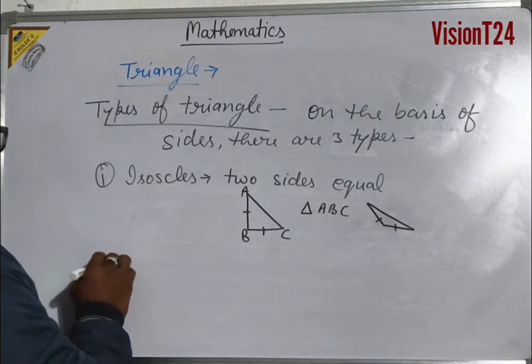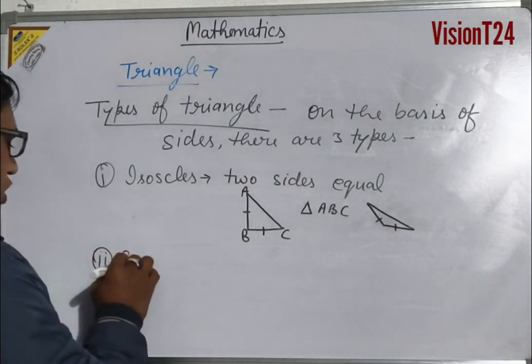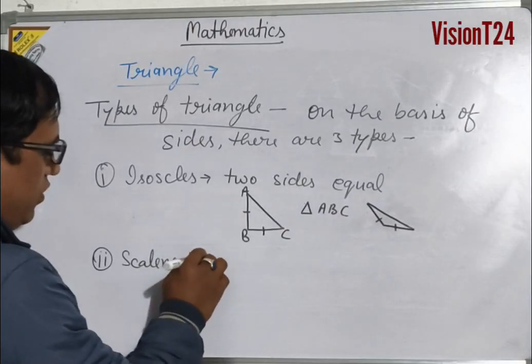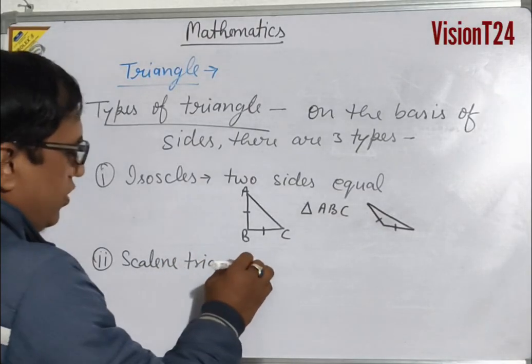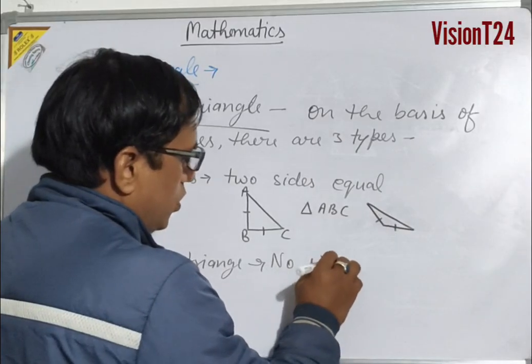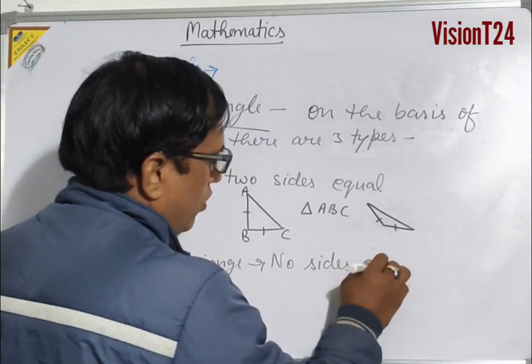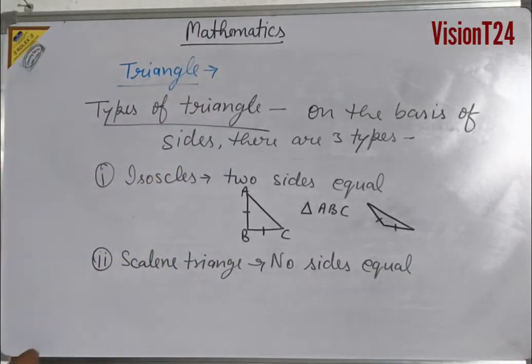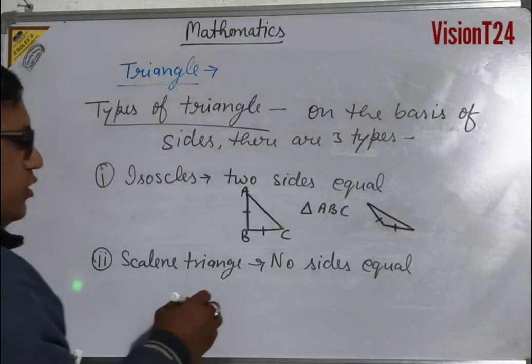Second one, scalene triangle. It means no sides equal. In isosceles triangle, two sides equal. In scalene triangle, there are no sides equal.